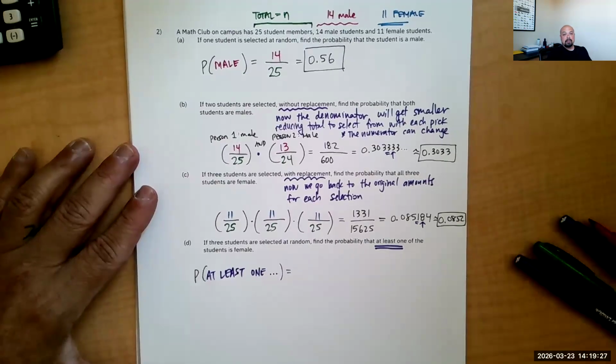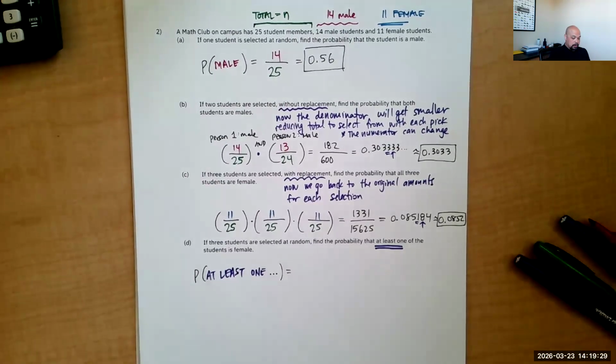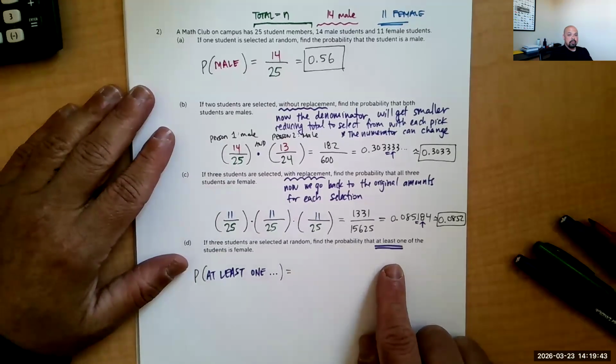Instead of having to think about that cycling of different possible results, like we did with exactly 2 people that prefer chunky peanut butter out of the 3 that we're selecting, right? Now, at least one, right?